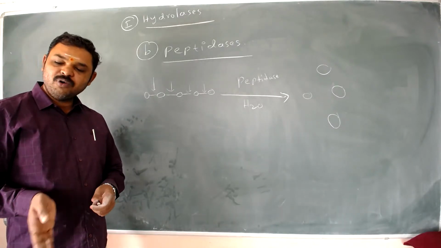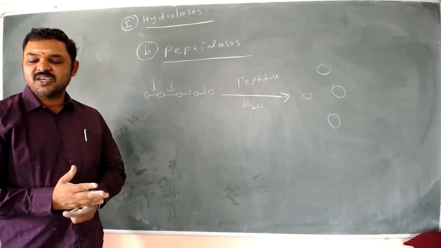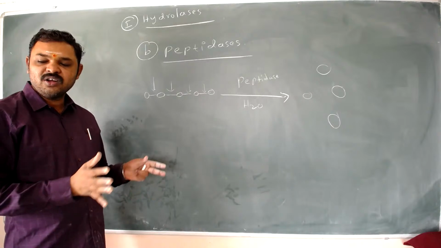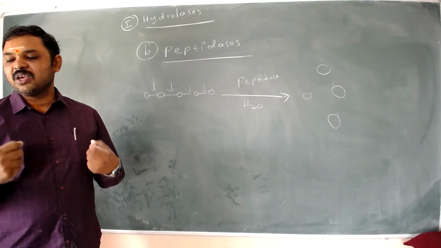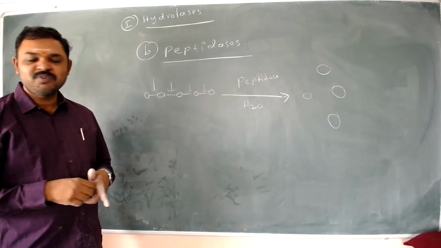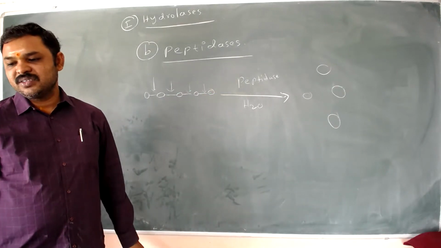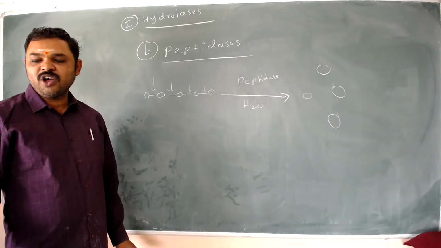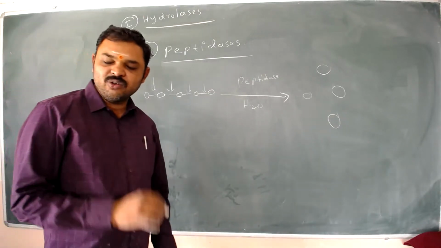By the removal of water, a peptide bond is formed; by addition of water, a peptide bond is broken. The enzymes which break peptide bonds are called peptidases. This is the phosphatases, peptidases, hydrolases.